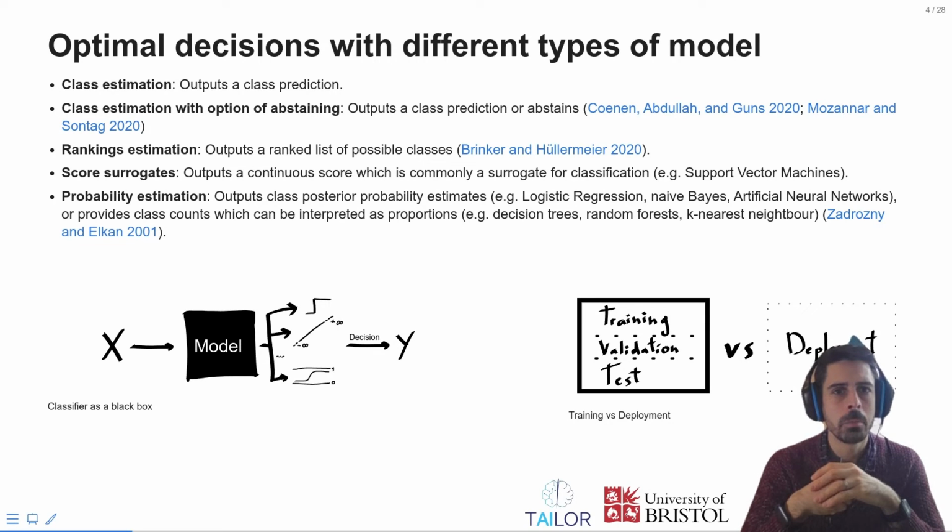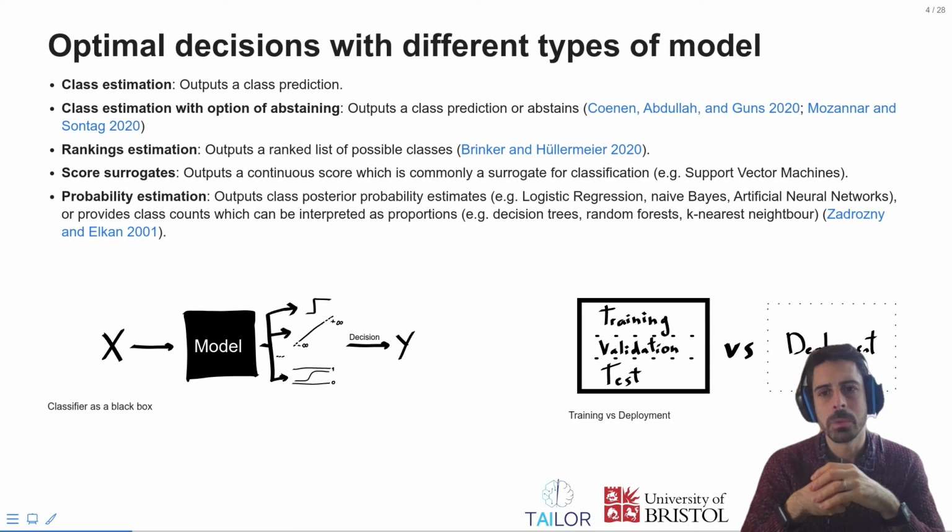The good thing about these models is that it's not necessary to know the costs during training, validation, and test, because they are being optimized to provide those probabilities. Then during deployment, given the probability estimates and the costs, it's possible to make optimal decisions.